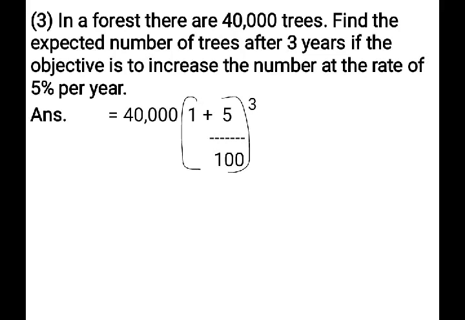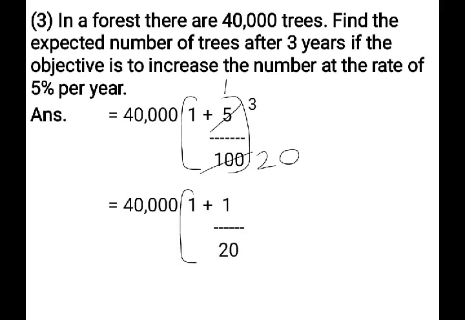Now next step, you have to do the cancellation on numerator 5 and denominator 100 in bracket. Numerator 5 and denominator 100 go in the same table of 5. 5 ones are 5, 5 twenties are 100. That is equal to 40,000 in bracket 1 plus 1 upon 20 raised to 3.